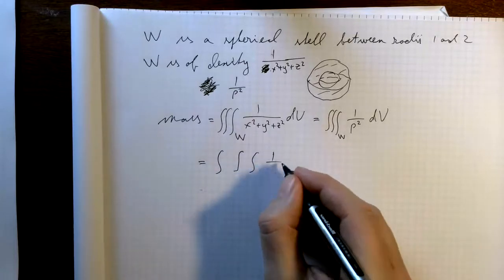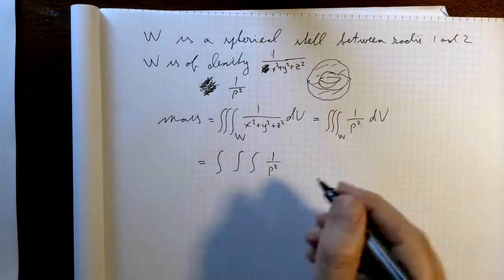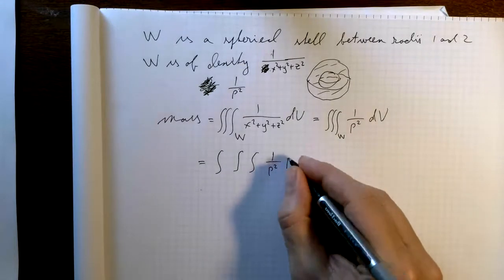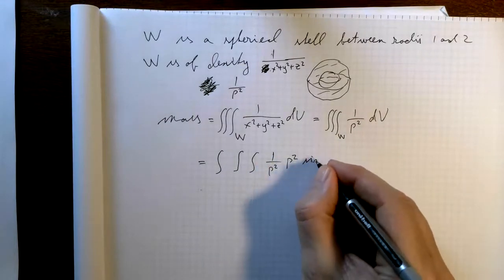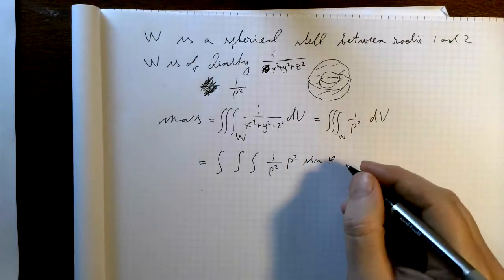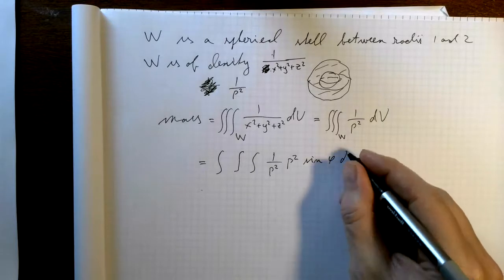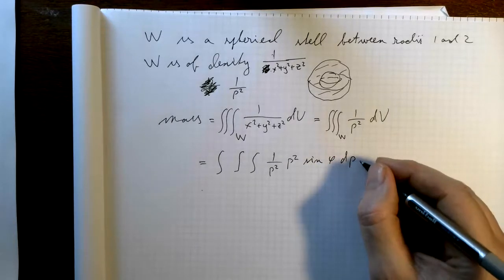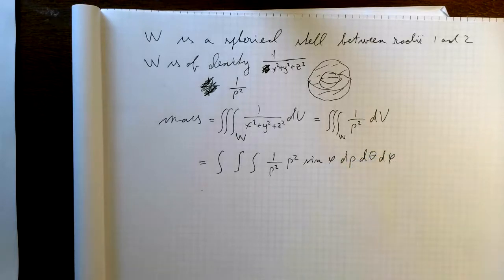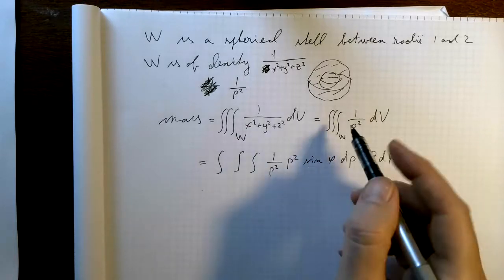I'm going to have 1 over rho squared in the middle, then dV, which is rho squared sine of phi, if you remember from last time, and then d rho, d theta, d phi. So let's write them in that order: d rho, d theta, d phi.